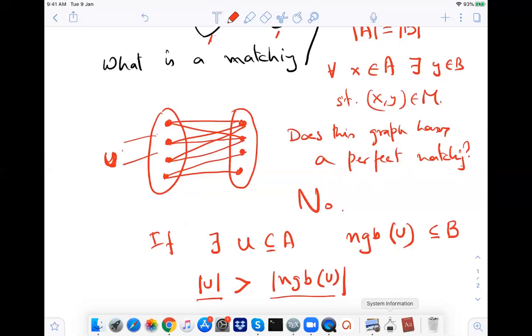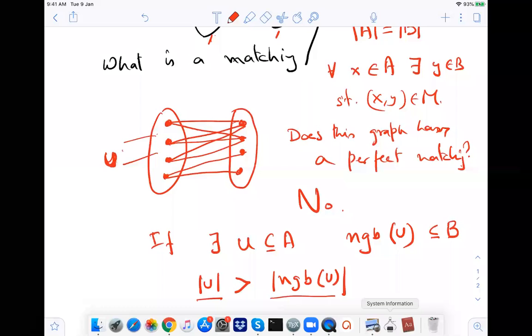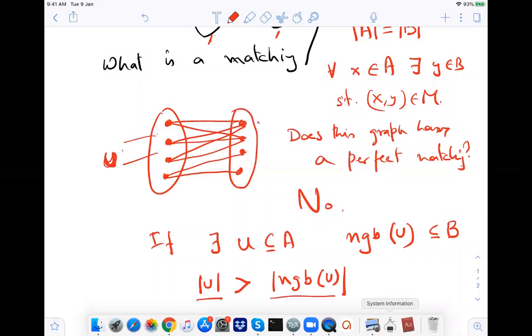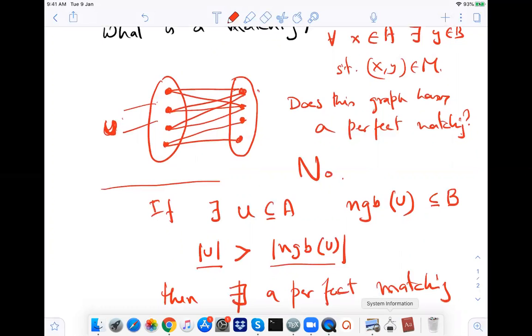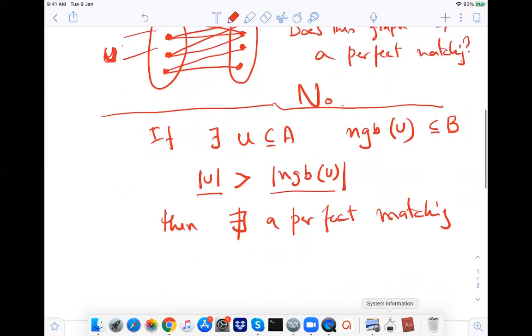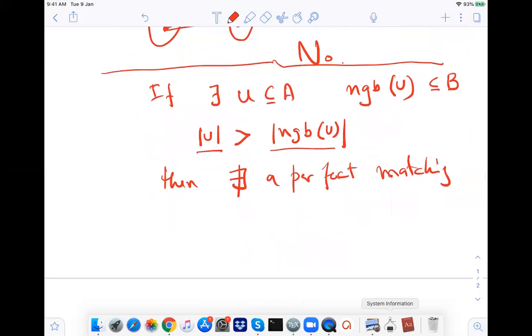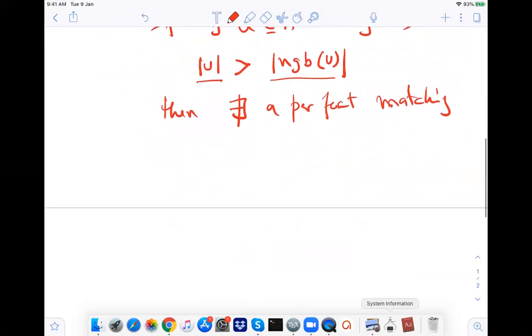Can you satisfy 20 people? Of course not, right? So here there are 20 people asking for 19 things. The neighbor of U is strictly smaller than U. So if this statement holds, then there doesn't exist a perfect matching. Okay, so this is one part of the statement of Hall's marriage theorem, the easier part. Now, Hall's marriage theorem is actually the if and only if version of this. So what does Hall's marriage theorem say?